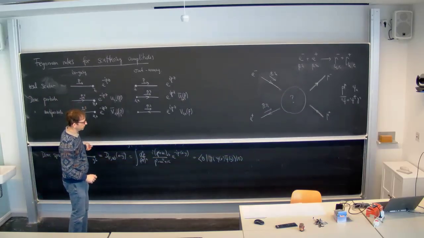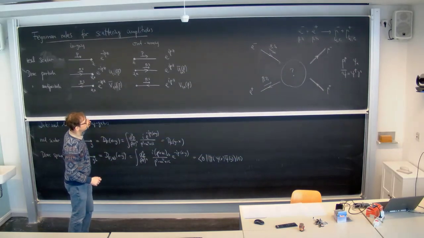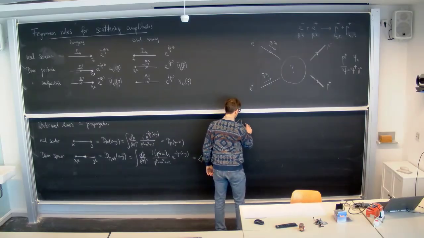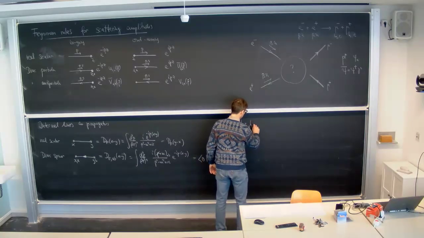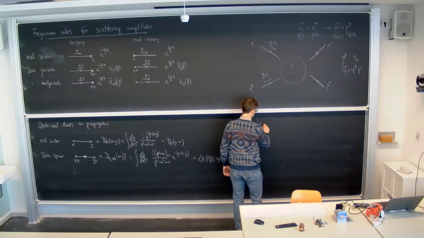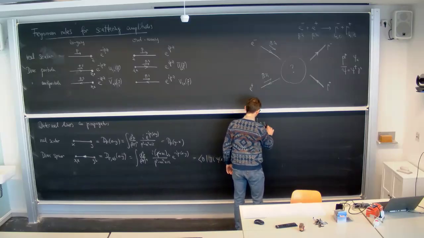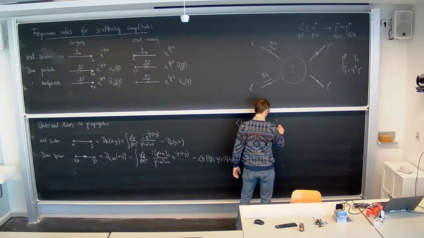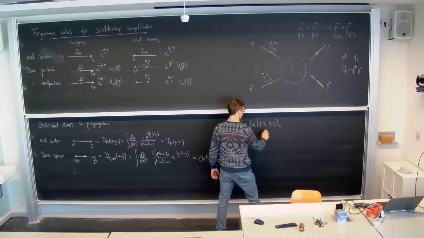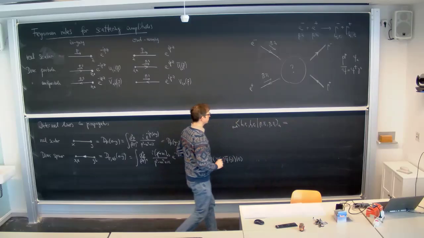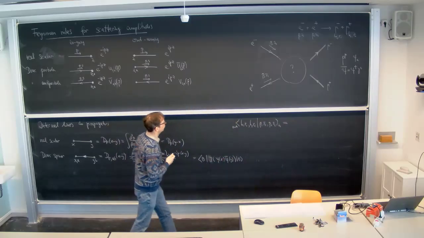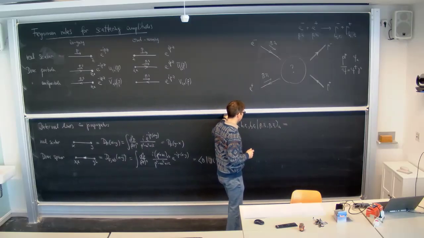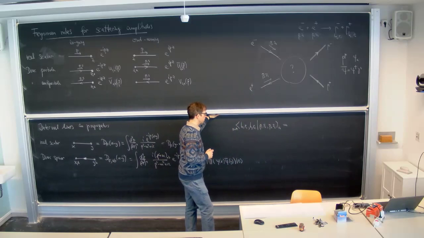If I wanted to write down the amplitude now for this process, it is K1, R1, comma, K2, R2, bar, P1, S1, P2, S2, in, out. Then I have to draw the diagrams and do all this junk.